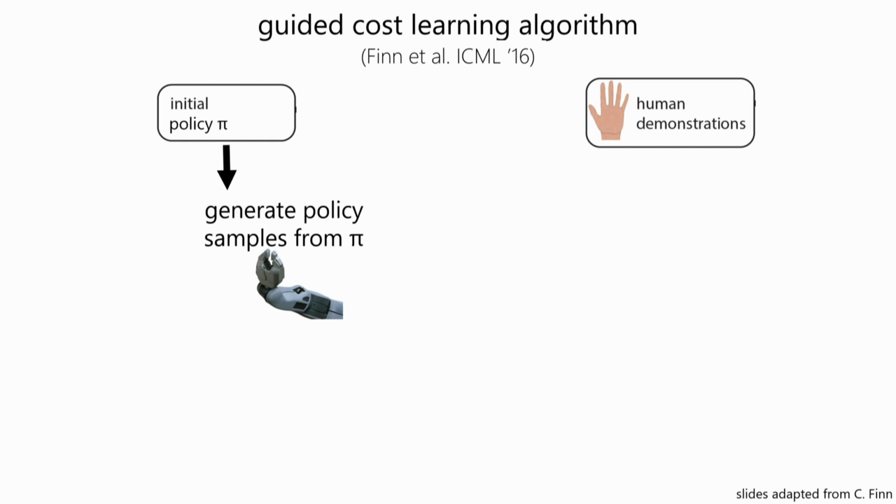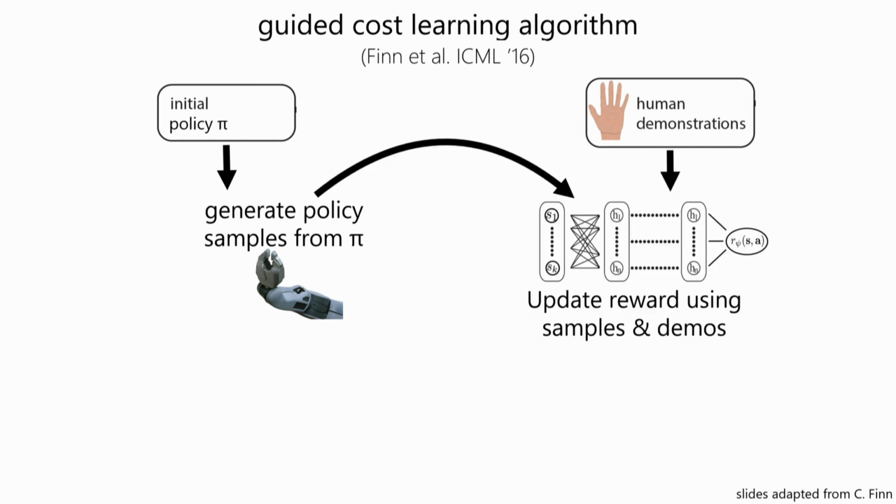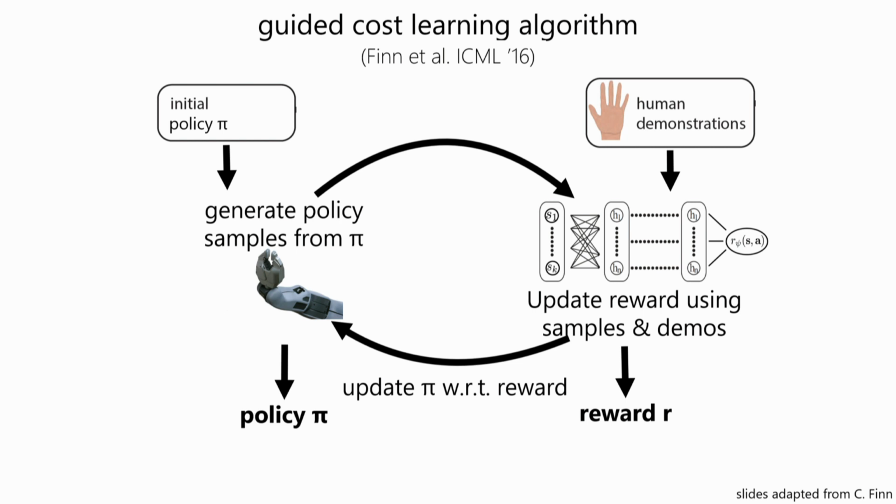Then you generate some samples from your policy pi. This is basically, if you have a robot, you run the robot. And then you update your reward using the samples and the demonstrations via that importance sampling estimator for the inverse RL gradient. And then you update your policy pi to be a little bit better with respect to your reward R psi. So at the end, you get a reward, and you actually get a policy.